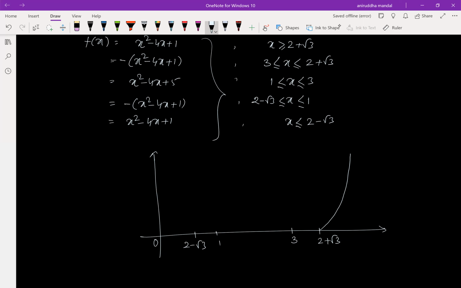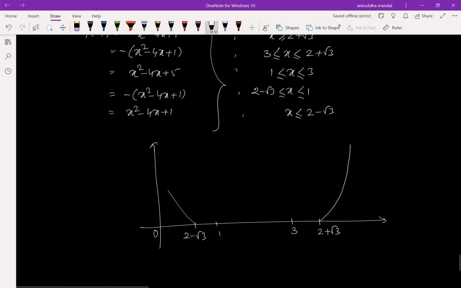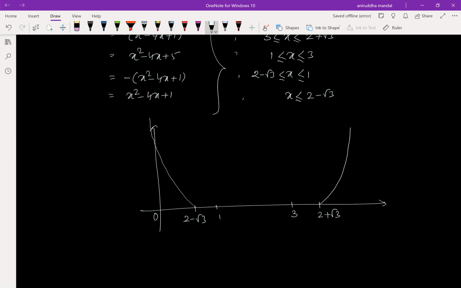So now this is the graph of x greater than 2 plus root 3, and a similar graph will be in x less than 2 minus root 3.